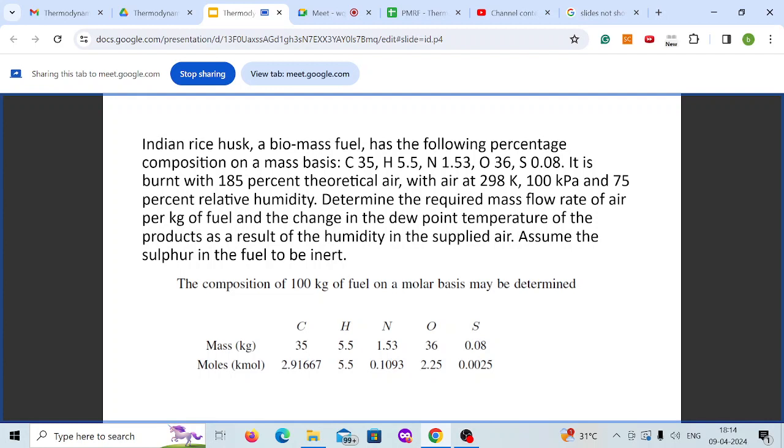It is burnt with 185% theoretical air, with air at 298 Kelvin and 100 kilopascal and 75% relative humidity. Determine the required mass flow rate of air per kg of fuel, and the change in the dew point temperature of the product as a result of the humidity in the supplied air.